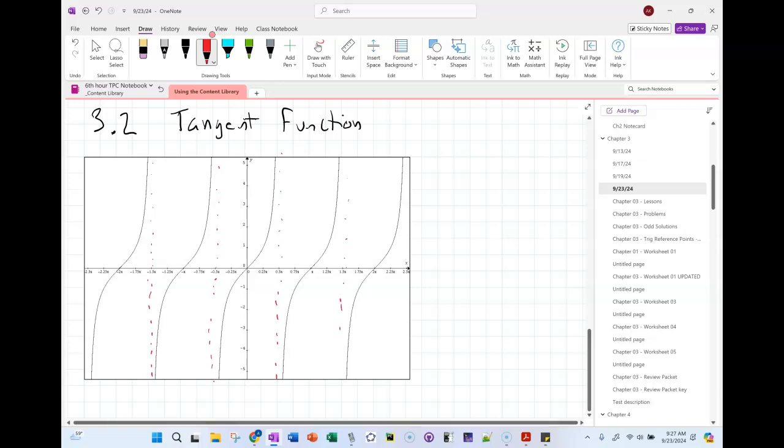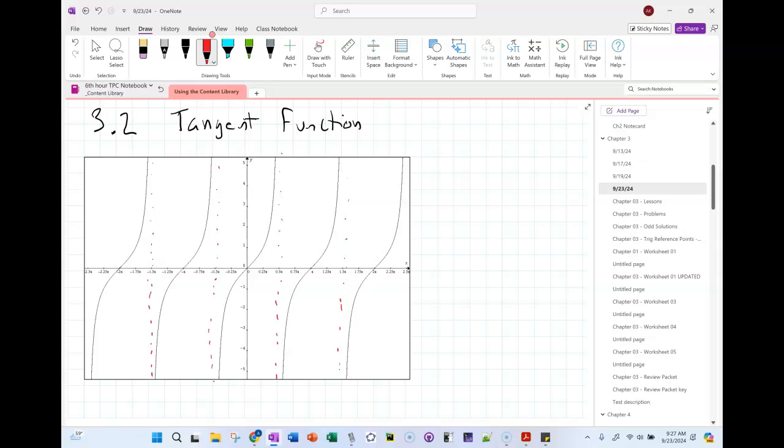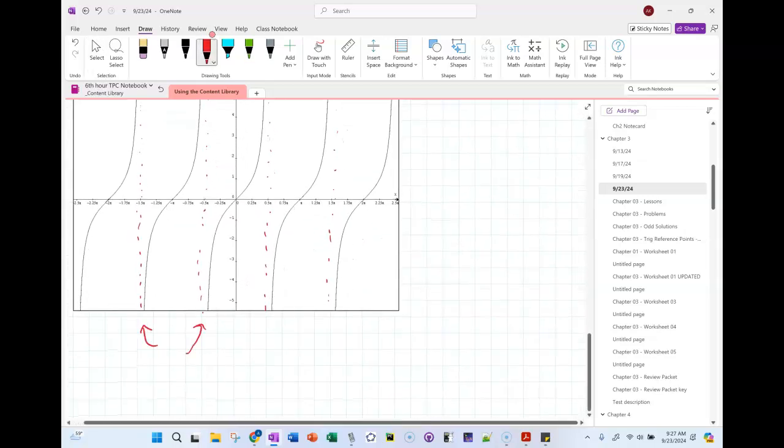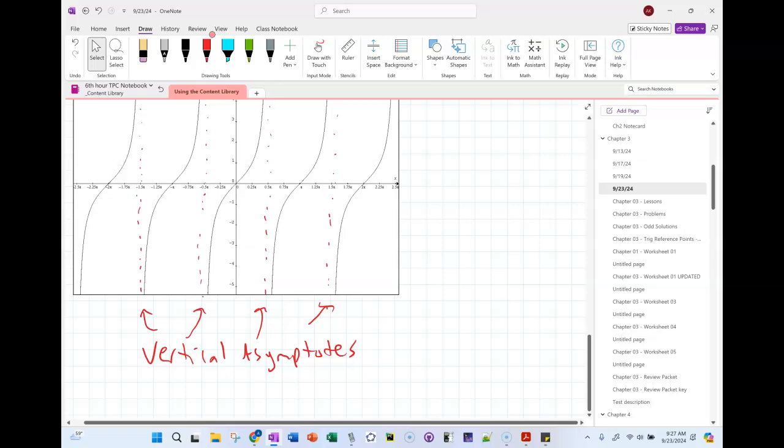What do we call a vertical line like this that the graph approaches but doesn't cross? Remember what those things are called from last year in your Algebra 2 class? Those are called vertical asymptotes. How many vertical asymptotes is the graph of tangent going to have?